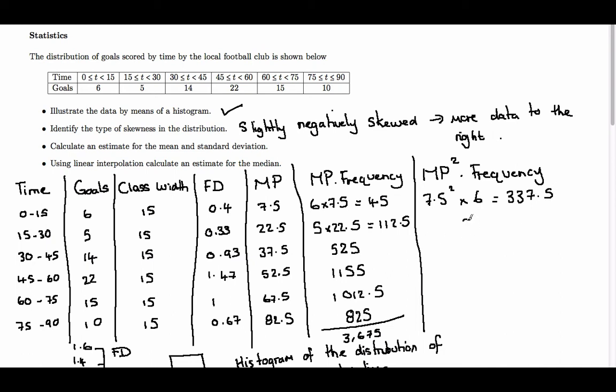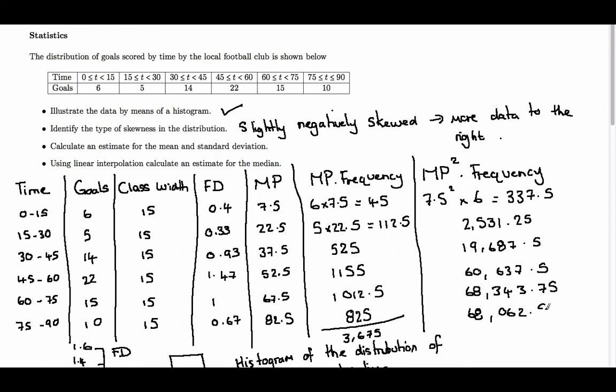For the next one, I'm going to get 2,531.25, then 19,687.5, then 60,637.5, then 68,343.75, and the last one will be 68,062.5. And again, I also need to know the sum of all of these.